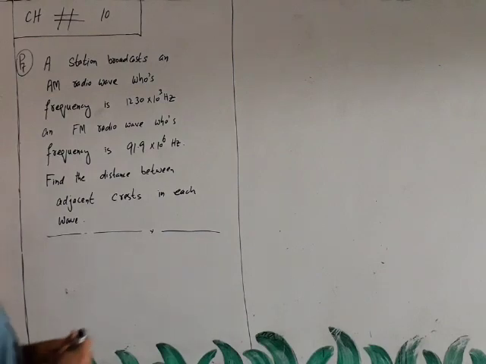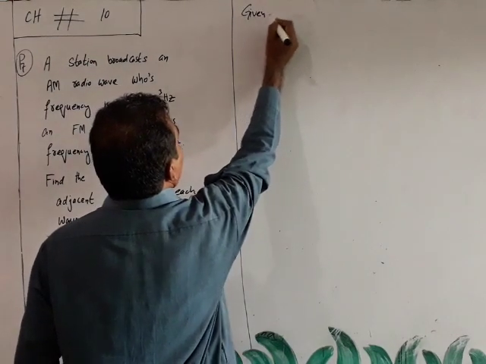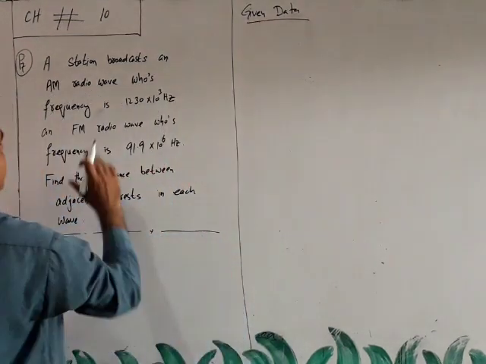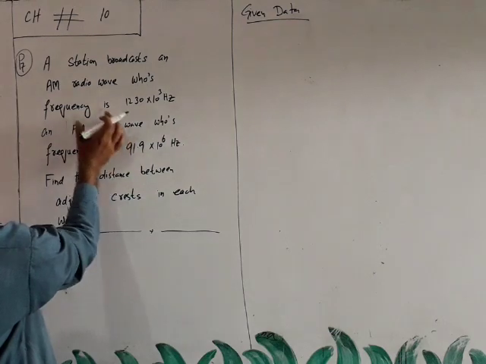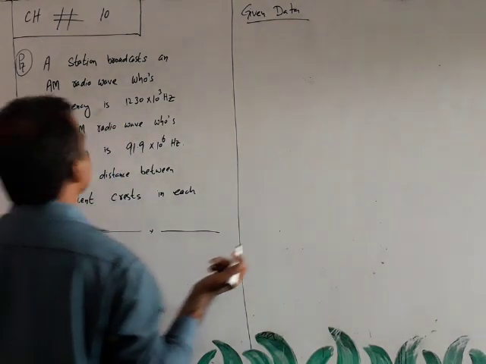So in given data, there are two types of frequencies. One frequency is for FM radio while the other is for AM radio wave.